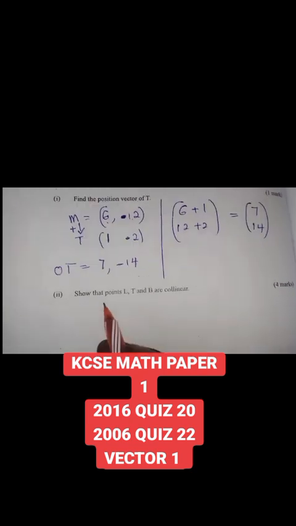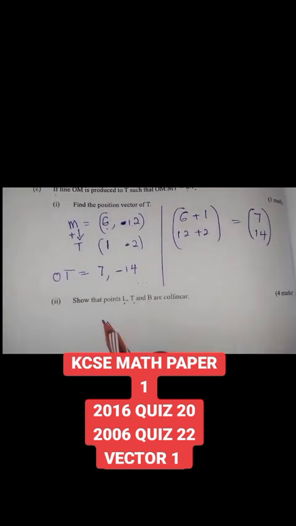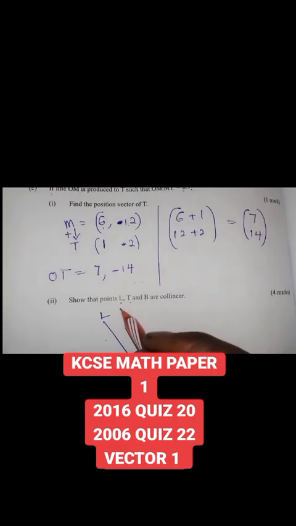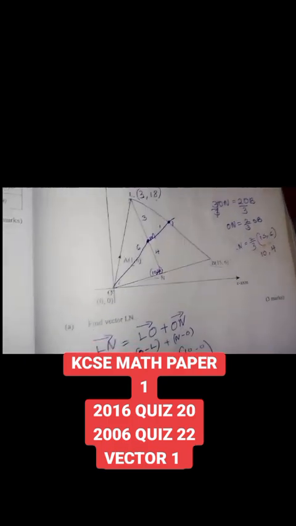The next part, you have to show that the points L, T, B are collinear. If I look at the line on the diagram, L was somewhere there, T was somewhere here, and B was here. The coordinates of L are 3, 18, T I have, and B is 15, 6.